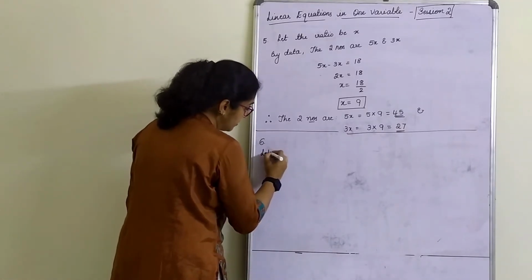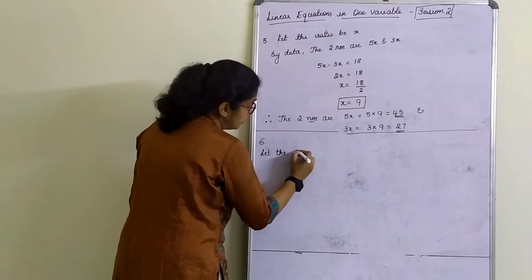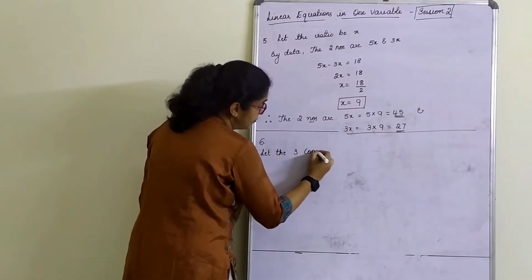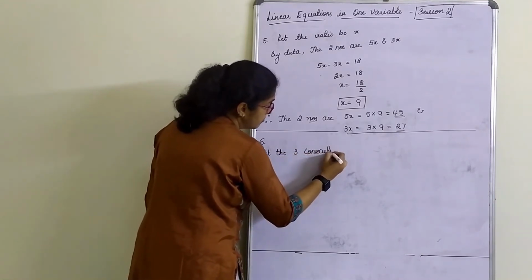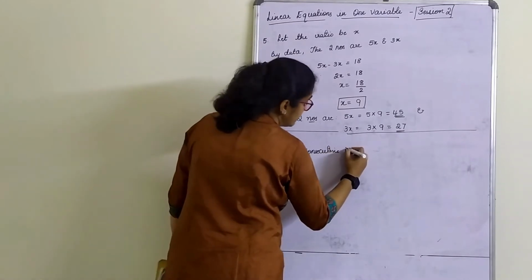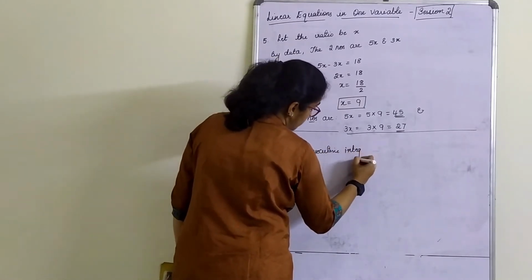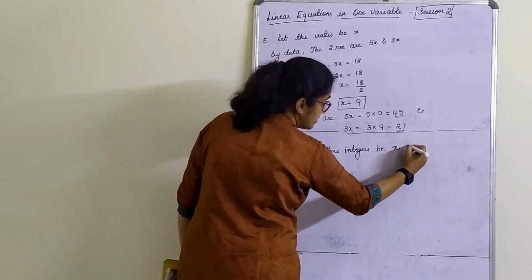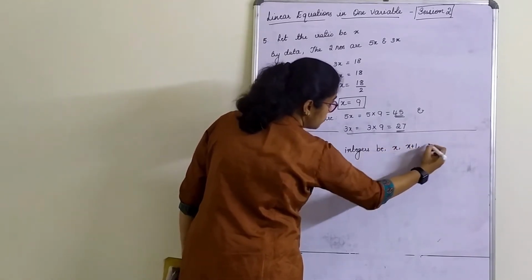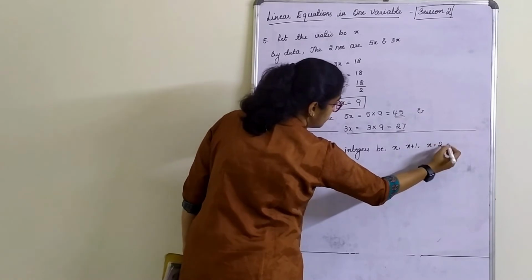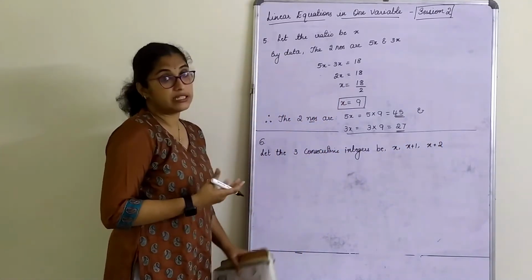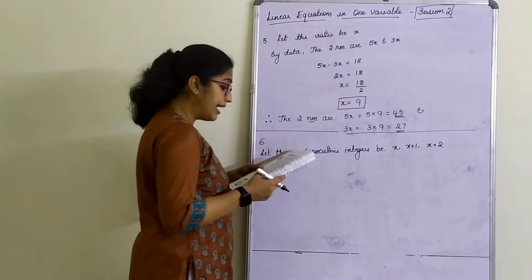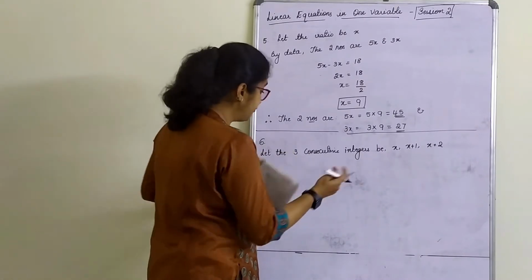Let the 3 consecutive integers be x, x plus 1, x plus 2. These are the 3 consecutive integers. They add up to how much? They add up to 51.